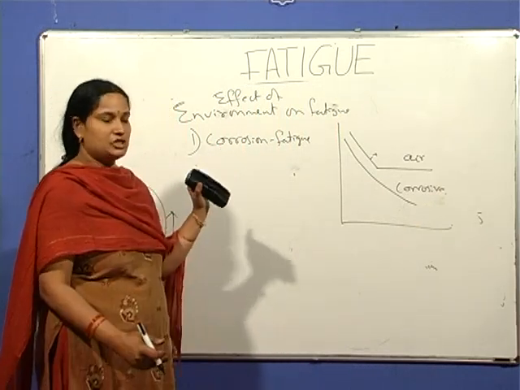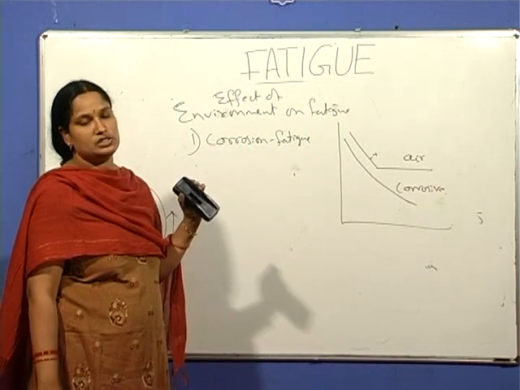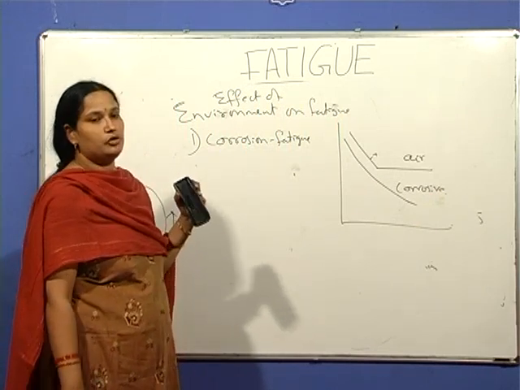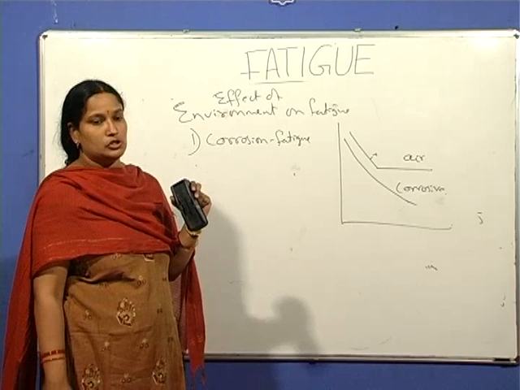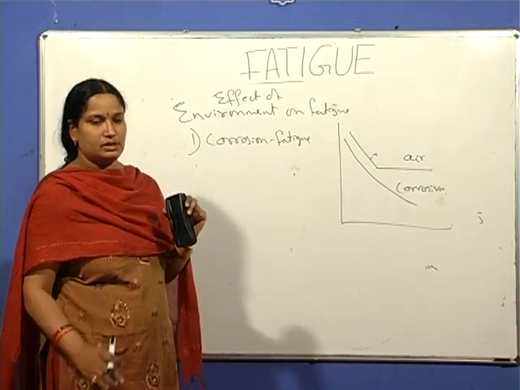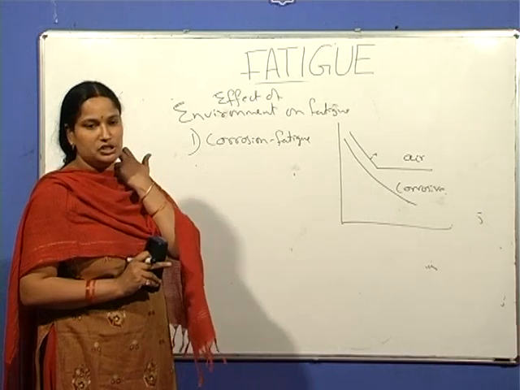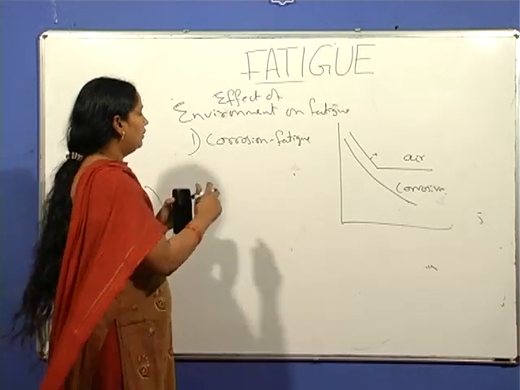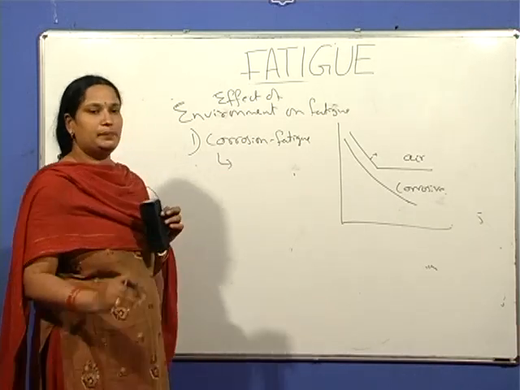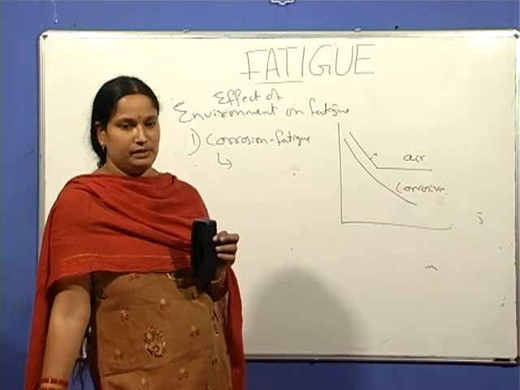So, simultaneous action of both corrosion and fatigue leads to failure, that is corrosion fatigue. Even if fatigue is not present initially, there is a corrosive environment. Because of the corrosion, pits are developed on the surface of the component.